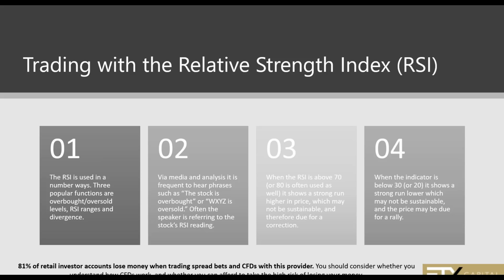Well, this is most likely what they're talking about, that RSI has moved into an above 70 point. Or if they say XYZ is a buy, because it's moved into an oversold position and we're expecting it to move back up, they're most likely talking about the stock's RSI.